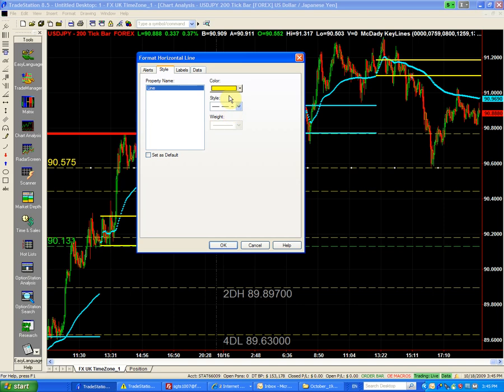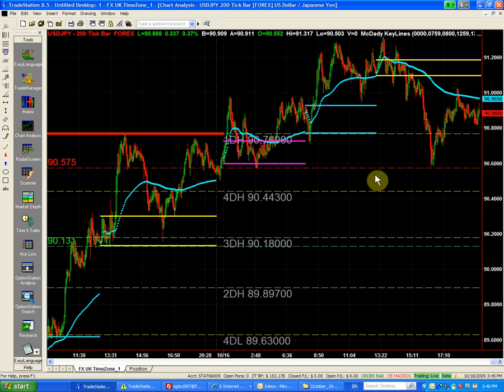So our plan for the Sunday session, or tonight's session in Tokyo, is that we are only going to go short the dollar yen below 90.58.